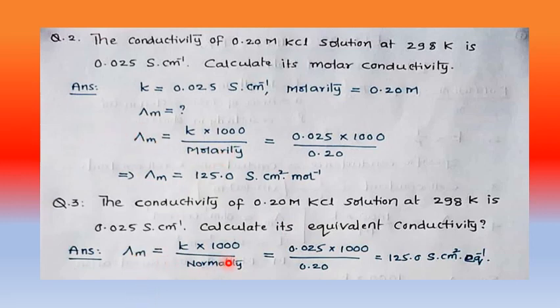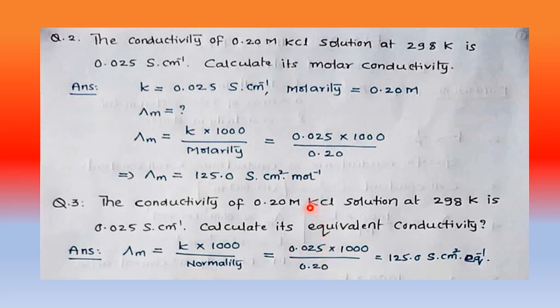So for KCl, we have already discussed the relation between normality and molarity. For HCl, normality equal to molarity. For H2SO4, N equal to 2m. We discussed this for acids, bases, salts, oxidizing agents or reducing agents, but this is the salt KCl.